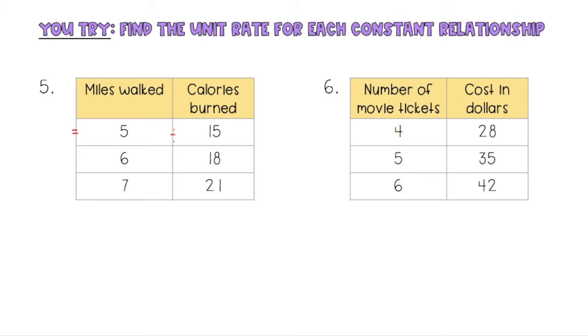So 15 divided by 5 equals 3. 18 divided by 6 equals 3. 21 divided by 7 equals 3. So I can identify my pattern, and what this tells me is that you can burn 3 calories per mile.